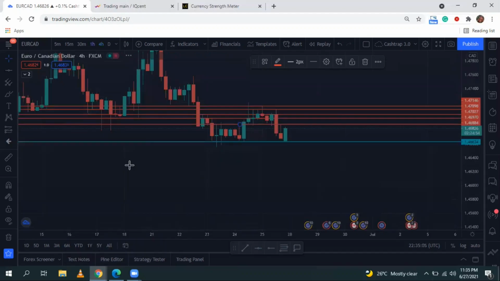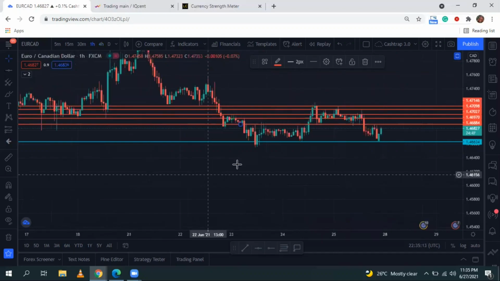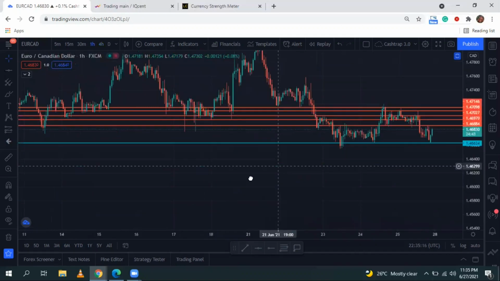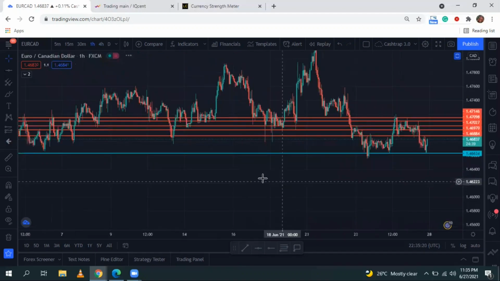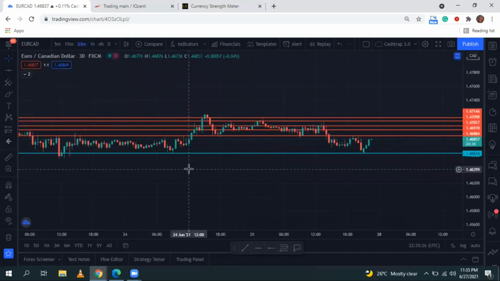So we'll come to the 1 hour, right? Not really seeing anything here, but we know we're on a downtrend, which is likely about to reverse. So we'll come to the 30 minutes.